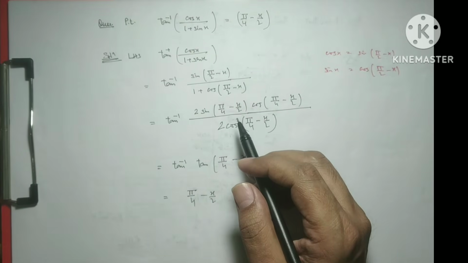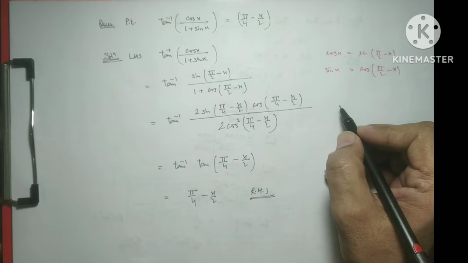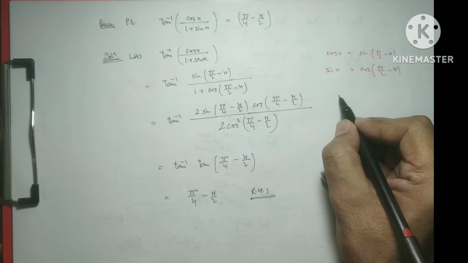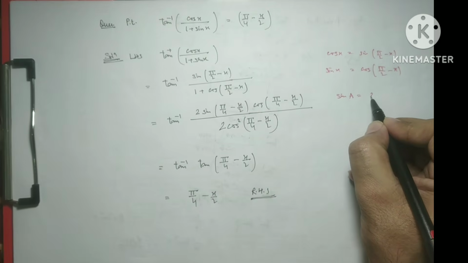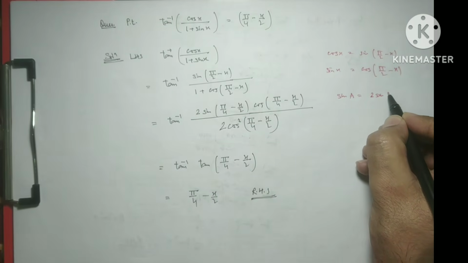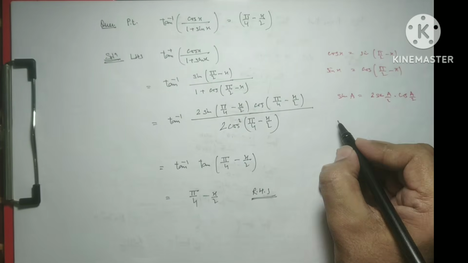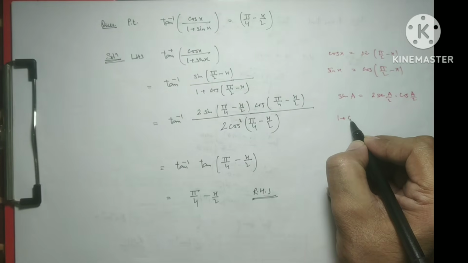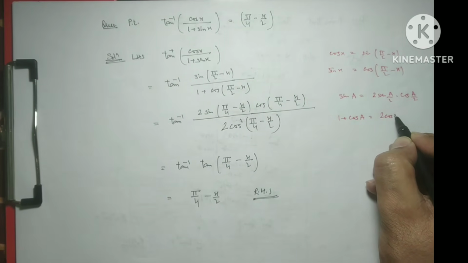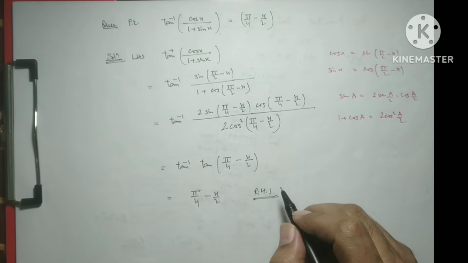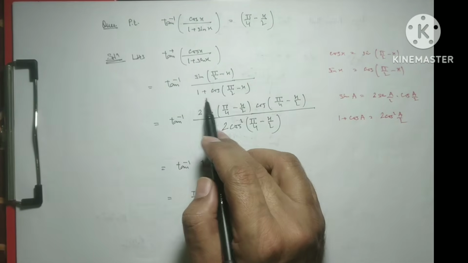Right now we will convert these into half angle formulas, and sin A according to the half angle formula is 2 sin A by 2 cos A by 2, and 1 plus cos A is 2 cos square A by 2. So we use these two formulas in the numerator and denominator.